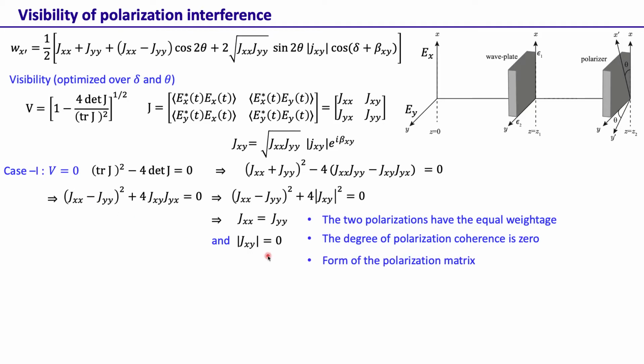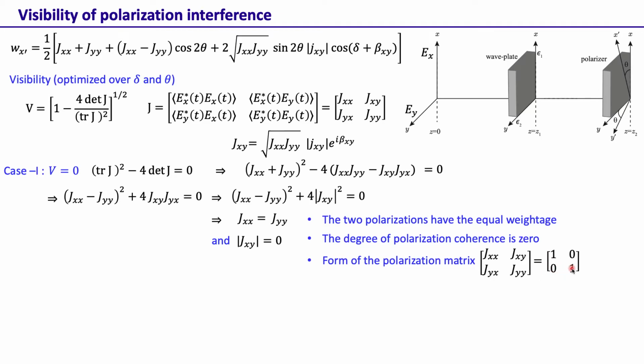Now in this case, the form of the polarization matrix, which is jxx jxy, jyx jyy, will take this form, that is 1 0, 0 1. This we can see from here, because jxx and jyy have to be equal, so that's 1 and 1, and since jxy is equal to 0, hence jyx will also be 0, and that's why these are 0.